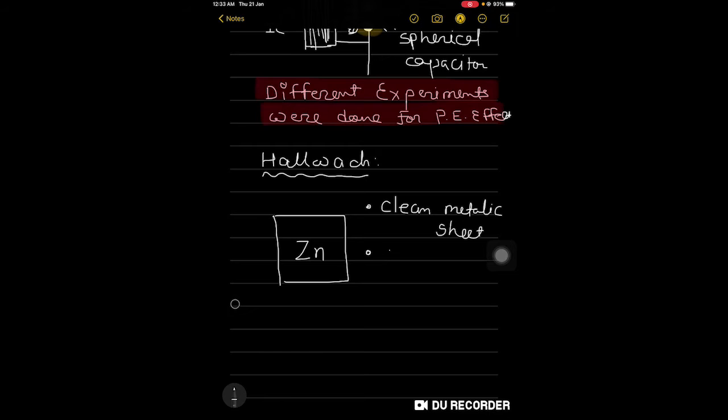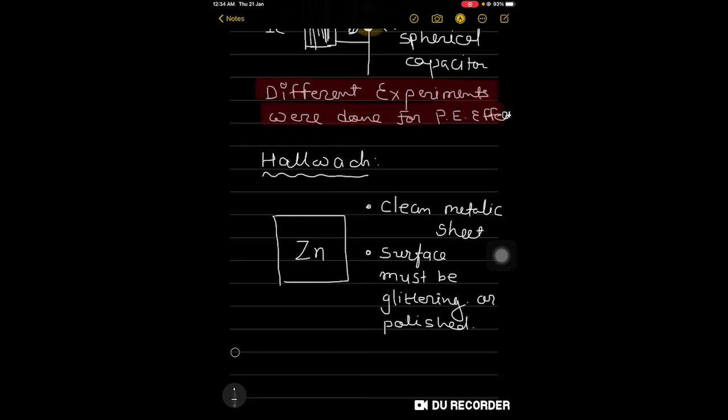Second, the surface must be glittering. So the surface must be glittering or polished, a polished surface or having some glittering part on it.